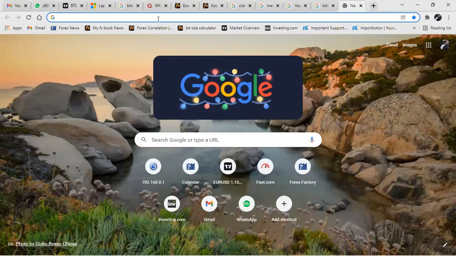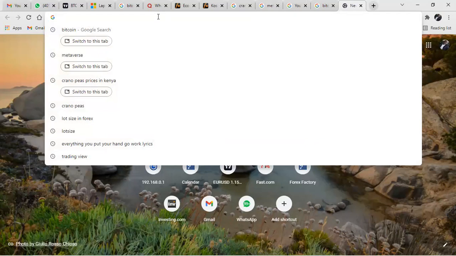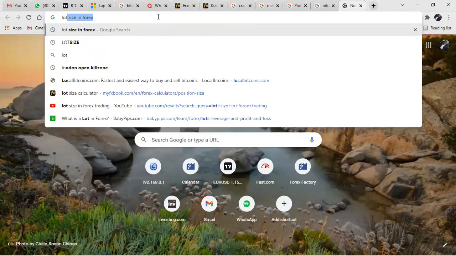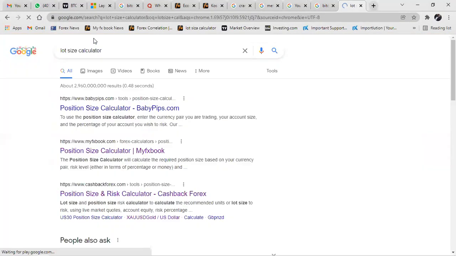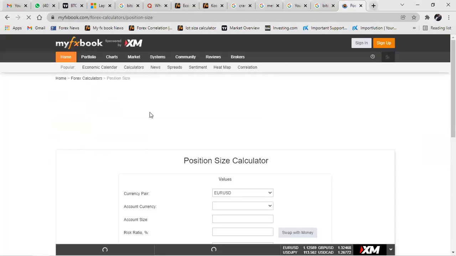On the Google tab, head to lot size calculator. There'll be this one from My FX Book. Just click it, and you'll see the position size calculator.